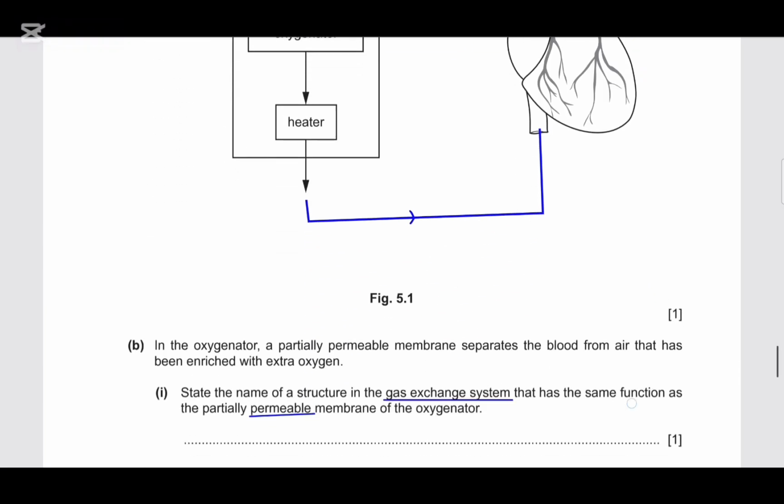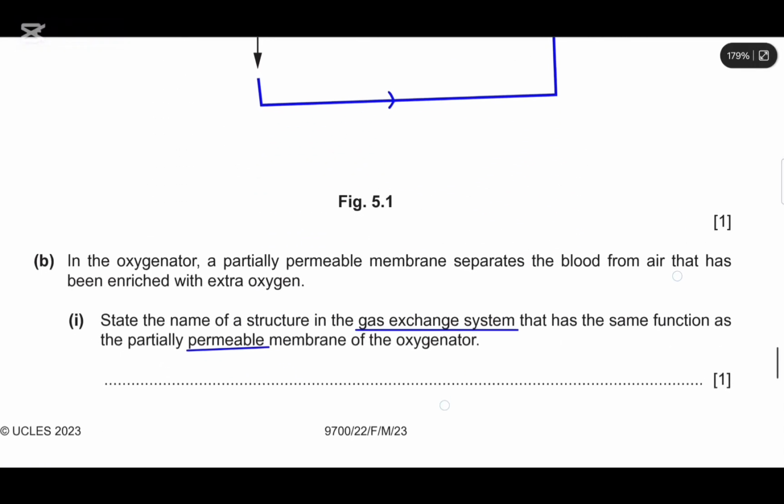So in the oxygenator, a partially permeable membrane separates the blood from the air that has been enriched with extra oxygen. The name of the structure in the gas exchange system that has the same function as the partially permeable membrane: the only gas exchange structure in mammals is the alveolus.